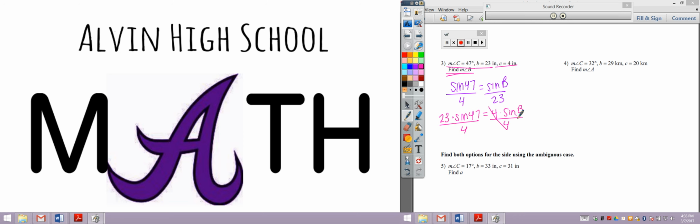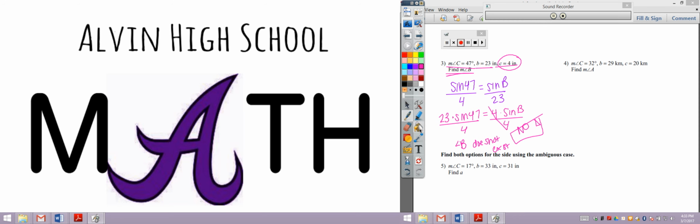And because I have this angle I'm solving for, I'm going to inverse. So I have sine inverse of 23 times sine of 47 divided by 4. And my calculator tells me it can't do that. So that means that angle B does not exist. This is no triangle. The side C is way too short to be across from this 47-degree angle.